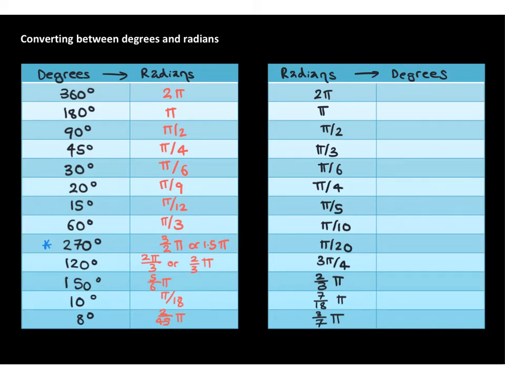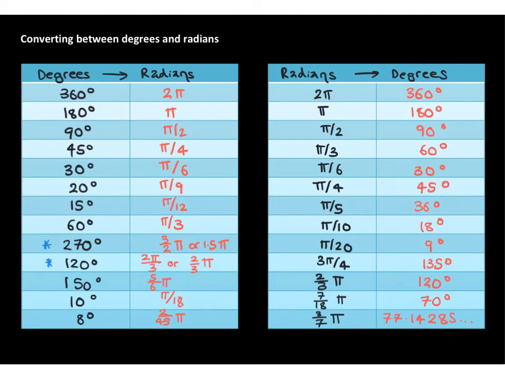Both are acceptable. People sometimes worry about whether they are writing out angles in radians correctly. So to give you an example, 120 degrees, 2 pi over 3, or 2 pi by 3, which is how we would say it, is absolutely fine, and so is 2/3 of pi. So you can see the different ways in which we can write the same angle correctly.